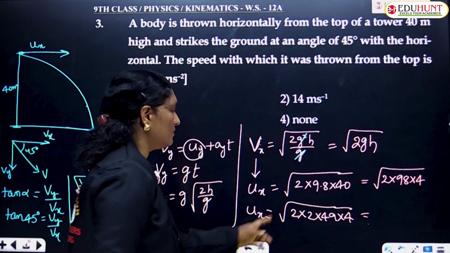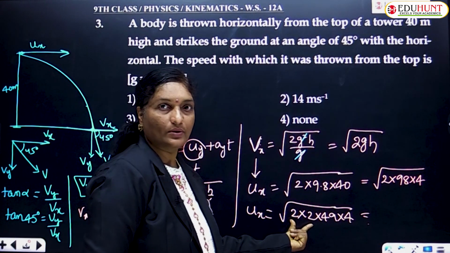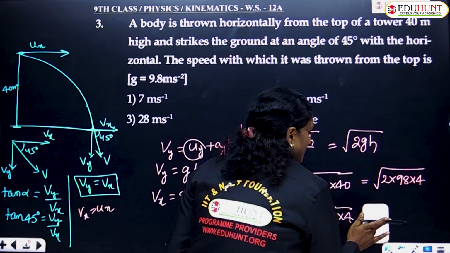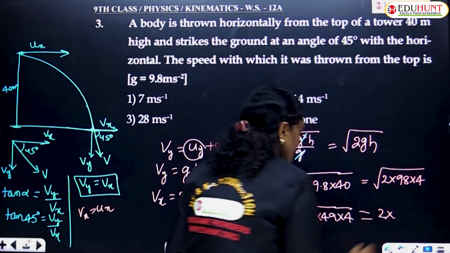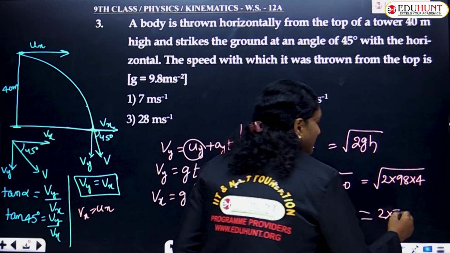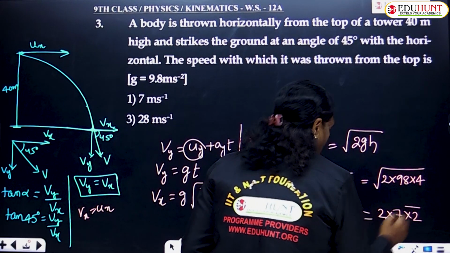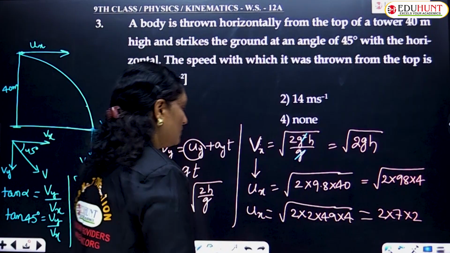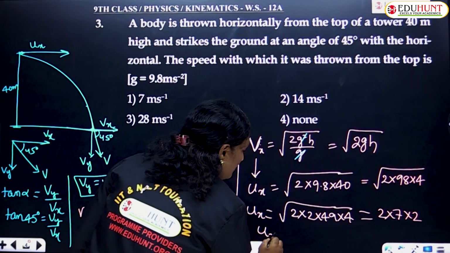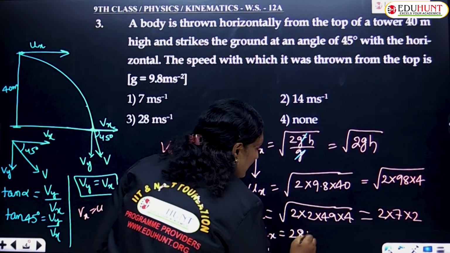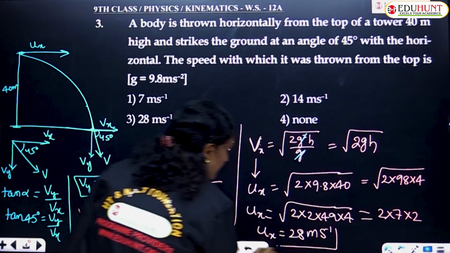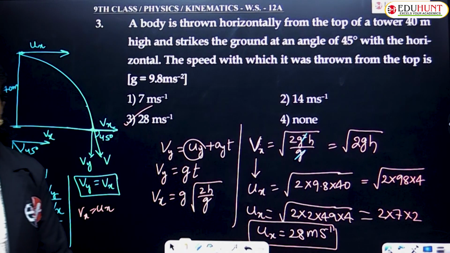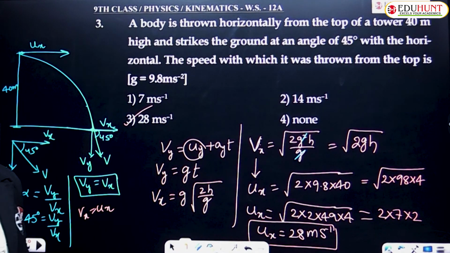Taking the square root, 2 into 2 repeated twice, root over 2 into 2 is 2, root over 49 is 7, and root over 4 is 2. The product is 2 sevens 14, 14 twos 28. Hence, the velocity of projection is 28 meters per second. Hence, the correct option must be option number 3, that is 28 meters per second.